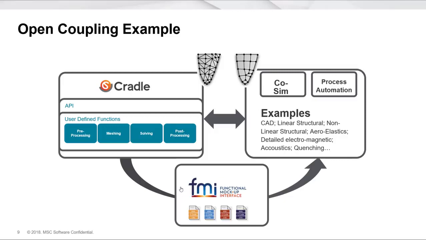For example, we may need to automate a process or detail a specific treatment to a model for a specific use case. A favorite I like to talk about is quenching. Here we have customers using JMAG, for example, simulating electromagnetically induced heating. They then coupled that together with Cradle for the cooling piece.